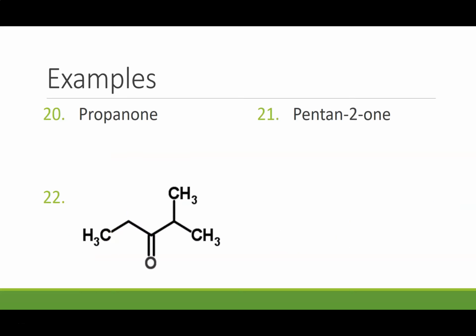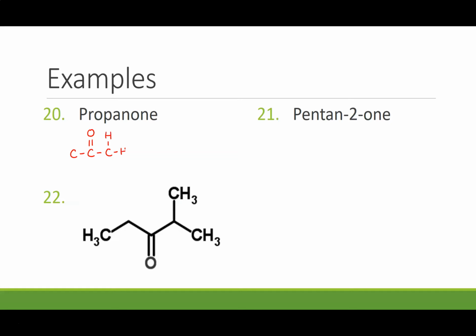Number 20, propanone. The -one ending tells us that there is a carbonyl group in the middle of the hydrocarbon chain. And since there are 3 carbons, the only place where the carbonyl group can be is on carbon 2. Carbon 2 now has 4 bonds, so it will not have any hydrogens attached to it.